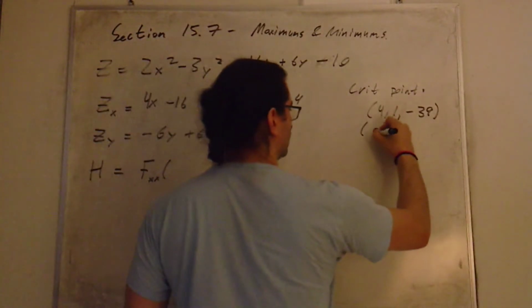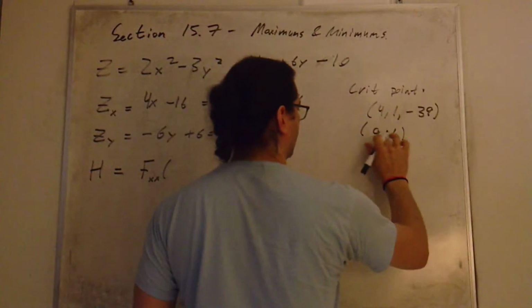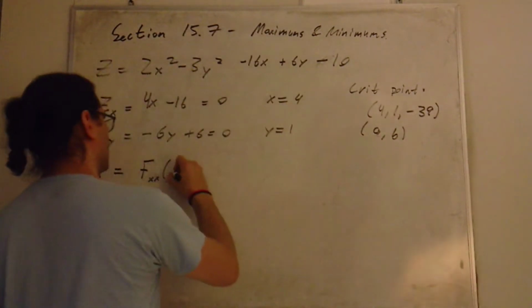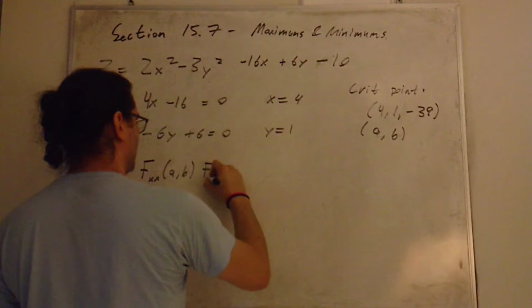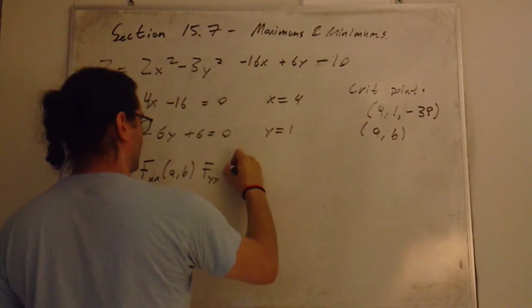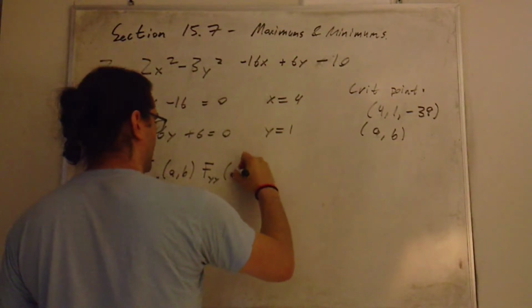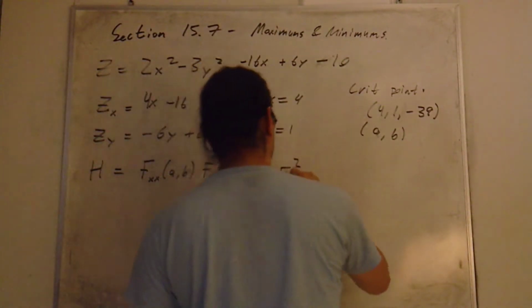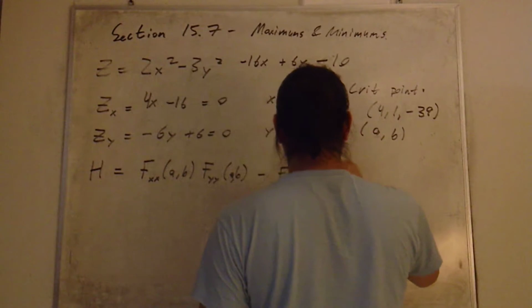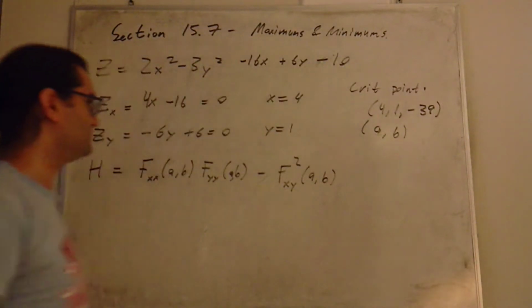If your critical point is (a, b), then we're evaluating this at (a, b). Times the second derivative with respect to y, evaluated at (a, b), minus the square of the mixed partial at (a, b).